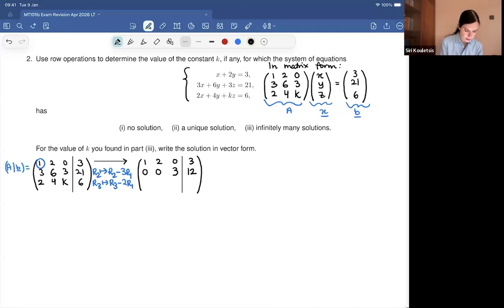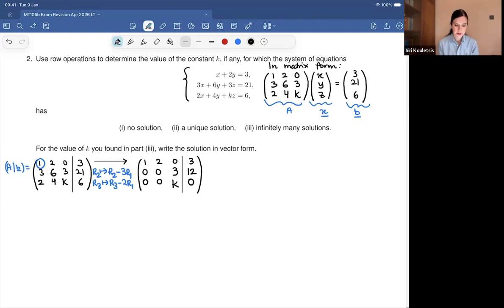And then row 3 here, again by design, we get 0 here. 4 minus 2 times 2, well, again, that gives us a 0. Then we have k minus 0 times 2, well, that just leaves us k. And then 6 minus 2 times 3, well, that gives us 0.